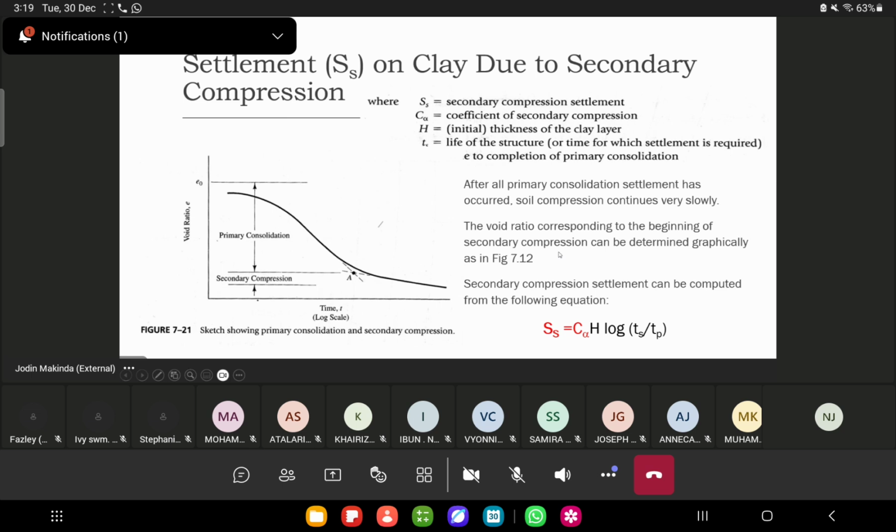Because the duration is almost close to infinity, when we study the secondary compression, we estimate or fix the point of study. In this question, we start from TS and we finish the study at TP, because we do not know how long the process will be.